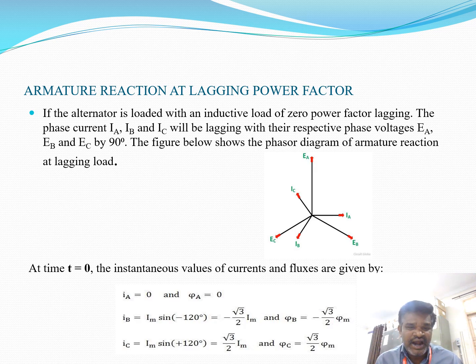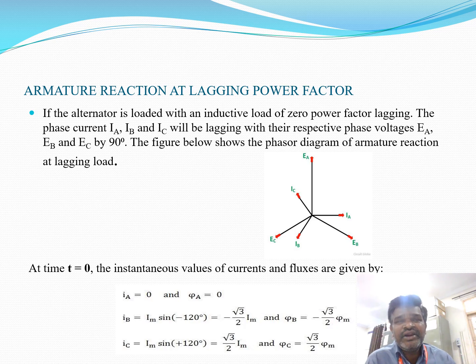Suppose the alternator is loaded with an inductive load. We know inductive loads are good examples of lagging power factor. If it is a pure inductor, the current through the inductor always lags the applied voltage by 90 degrees. So if the alternator is loaded with an inductive load of zero power factor lagging, zero power factor means the effect of resistance is not considered.